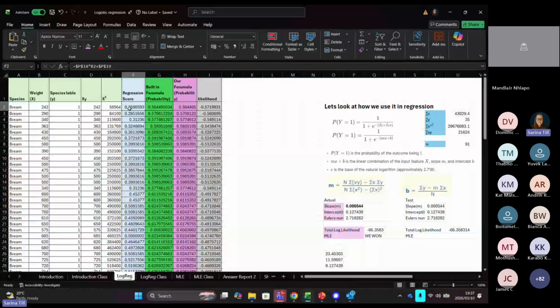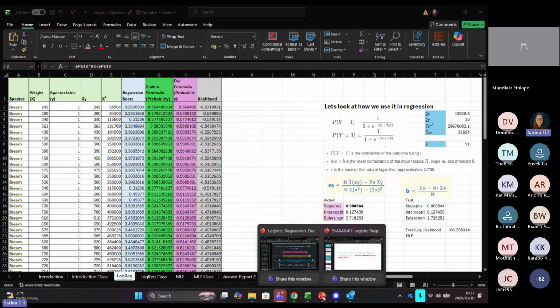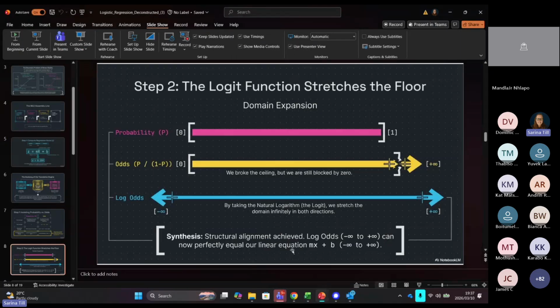This regression score should be able to be a value from negative infinity to positive infinity. Does this change your life? No. Is this jargon you need to know? Yes. So if we use just probability, we couldn't go more than 100. If we use odds, we can go more than positive 100. If we use log odds, we can go all over.